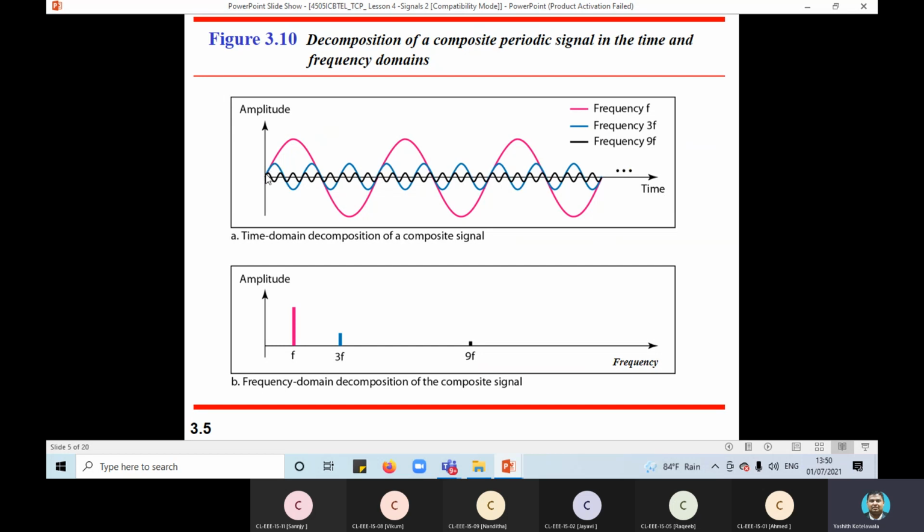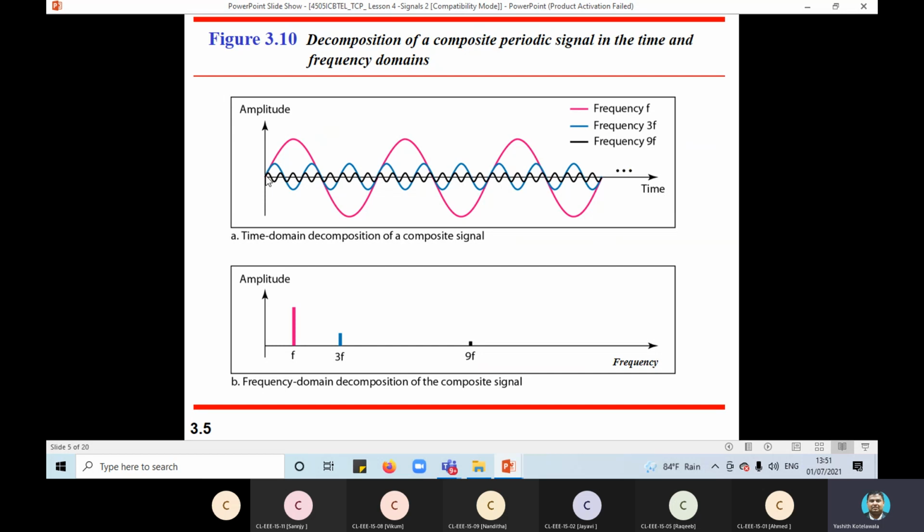Now if you think about just one wave component of the pink color high amplitude wave, within the period of the bigger wave component, how many blue color wave components do you have? We take one big pink color wave, just one cycle.